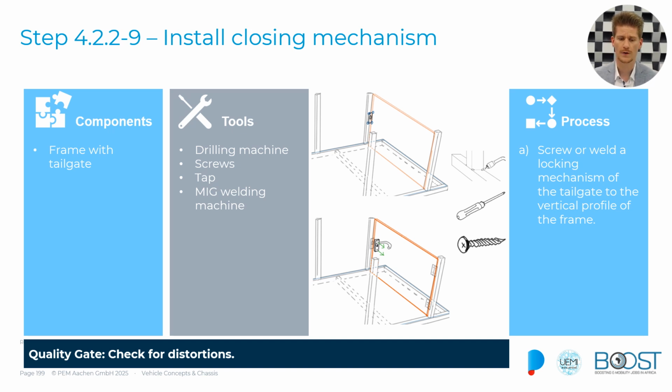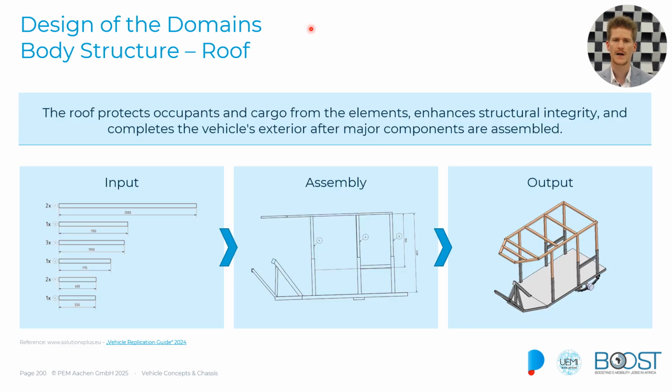So let's move on to our next domain, and this would be the roof. The roof is very important because it will protect the driver and the occupants, or the goods that you transport, from any kind of weather influences, but it will also, to a certain degree, enhance the structural integrity of the overall vehicle.